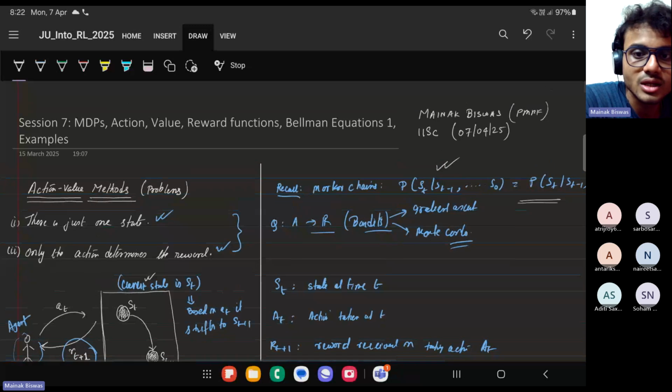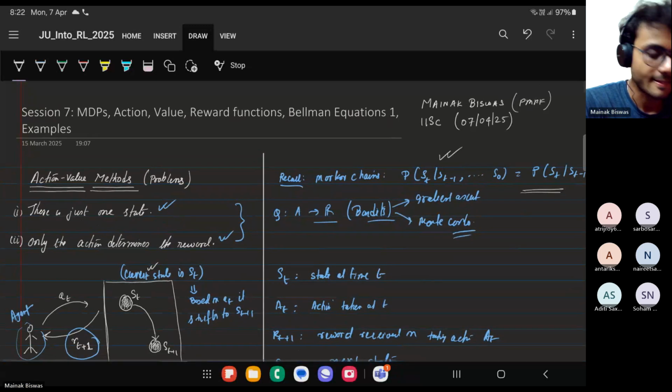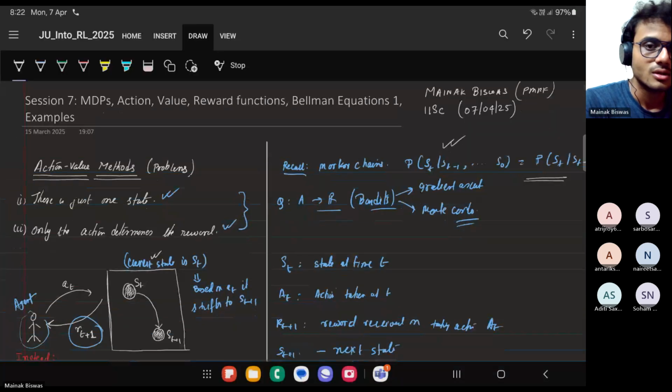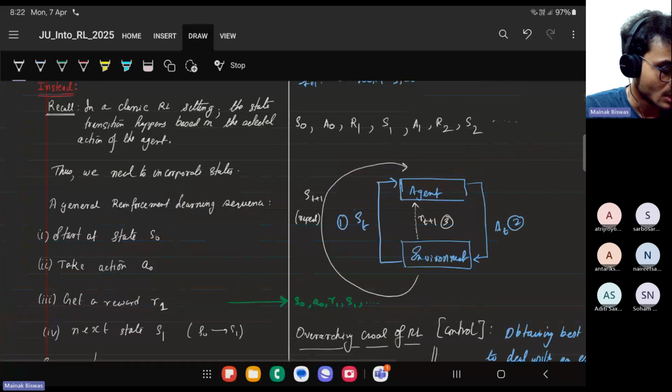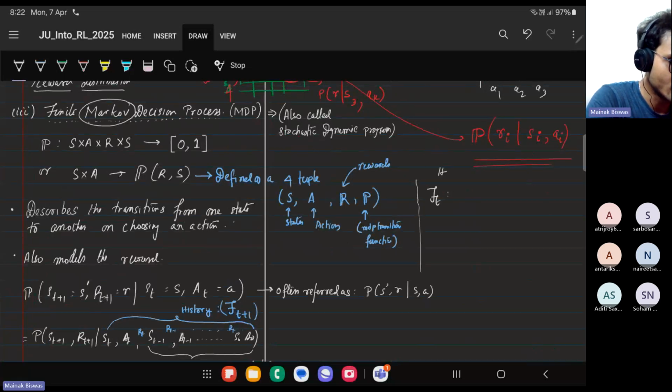So the t-th step depends only on the (t minus 1)-th step if it is given to you. Otherwise, it will depend on the closest past. Now let us define a history term. This is called history.